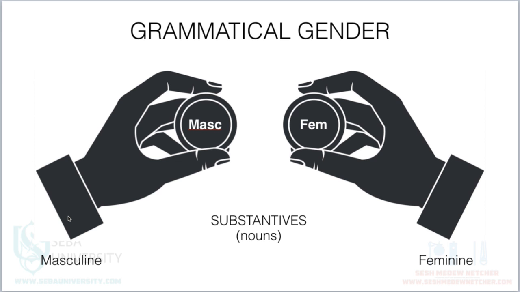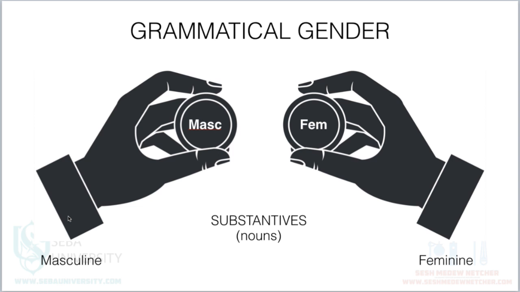When you toss a coin in the air, it's going to land on either heads or tails. There's no such thing as a sideless coin, a coin that doesn't have any sides. Likewise, the substantives or nouns in the ancient Egyptian language, Ranykemet, are all either masculine or feminine.